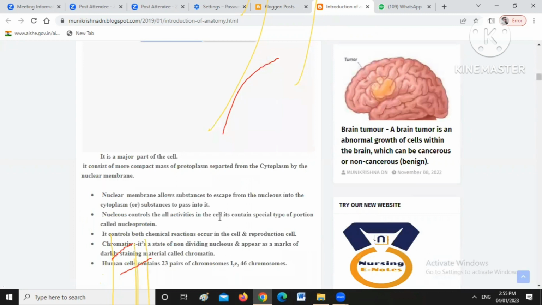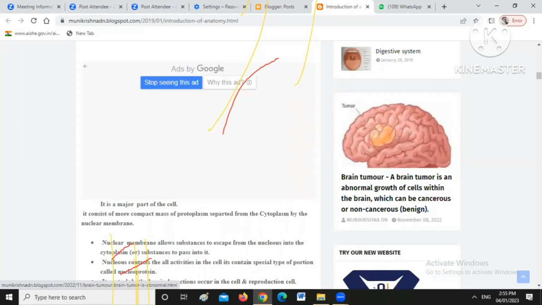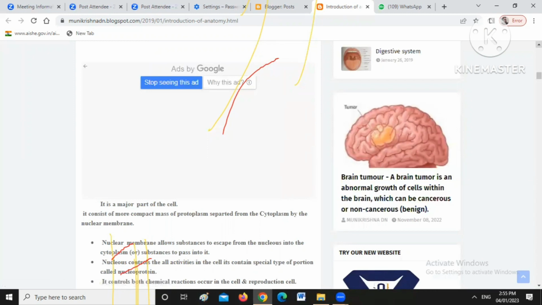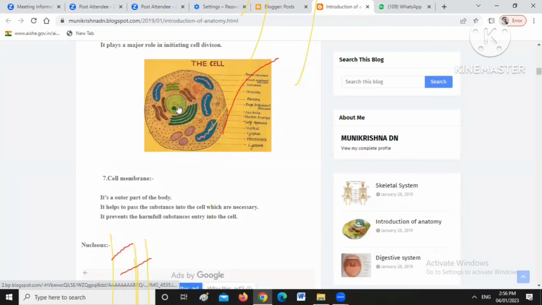Nucleus controls all the activities in the cell. It contains a special type of portion called nucleoprotein. So inside of the nucleus, there is a portion called nucleoprotein.